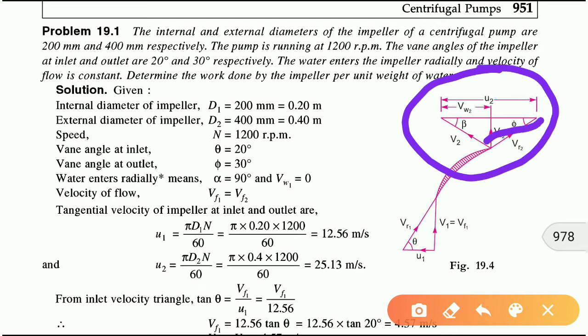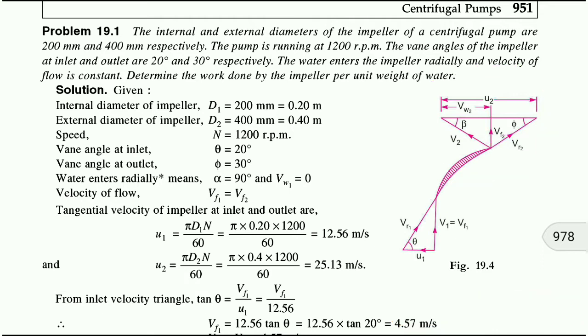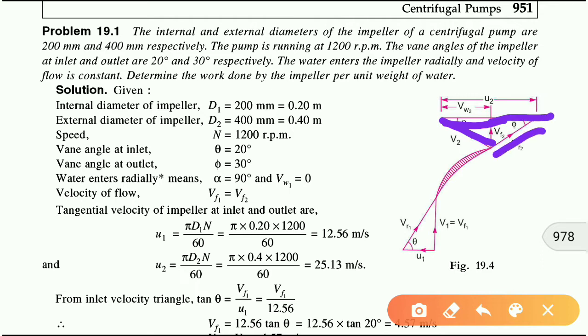the radial velocity, relative velocity will be radial. Then this V2 will be perpendicular to the motion of this vane. The angle made by this V2 with the direction of the vane velocity is beta, and the angle made by the relative velocity with the direction of the vane is phi.